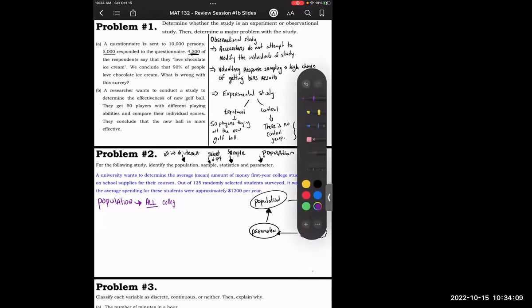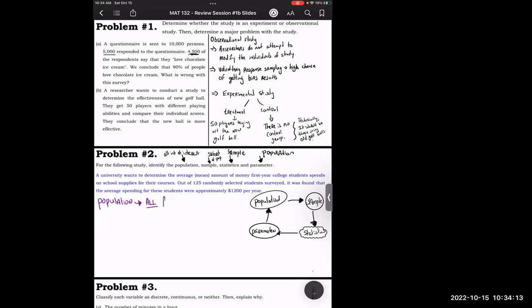First year college students that attends the university. Okay, so we got our population down.